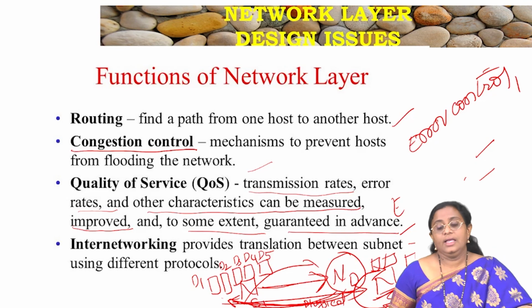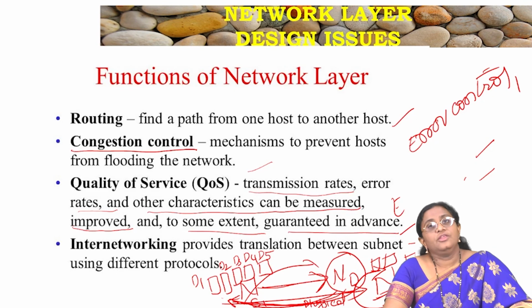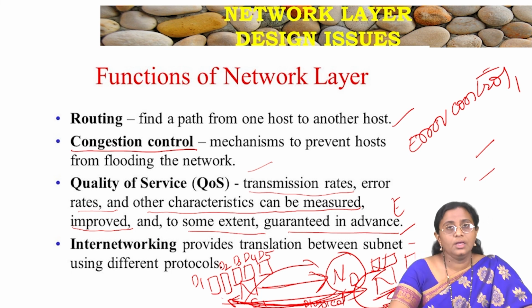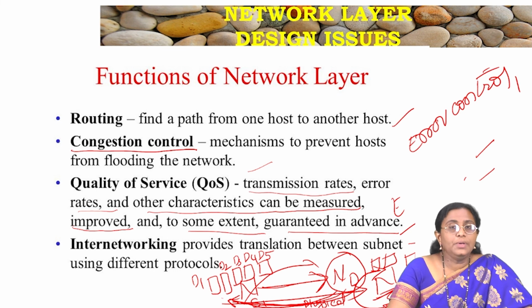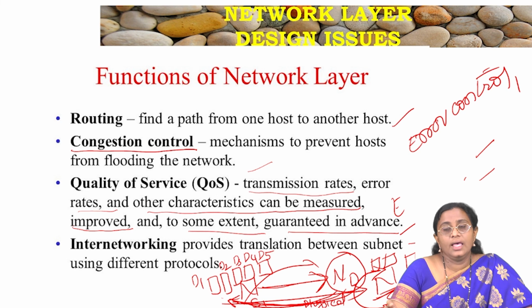And again I need to recollect the functions of the network layer. The first one is routing, which can select one successive path, a physical communication or a logical connection, to send datagram packets from one host to another host.